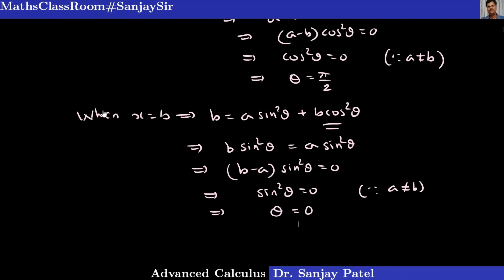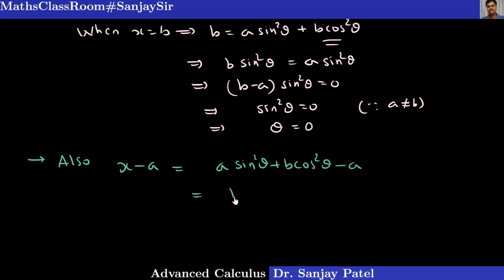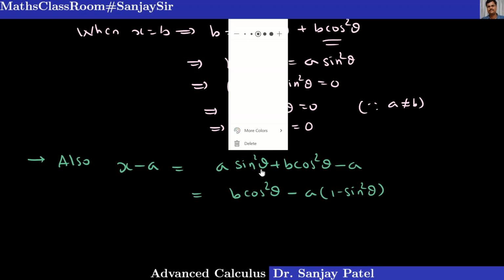So let me write this way. x minus a, you know what x is: a sin square theta plus b cos square theta, and this minus a means b cos square theta minus a into 1 minus sin square theta, taking a common from these two terms.